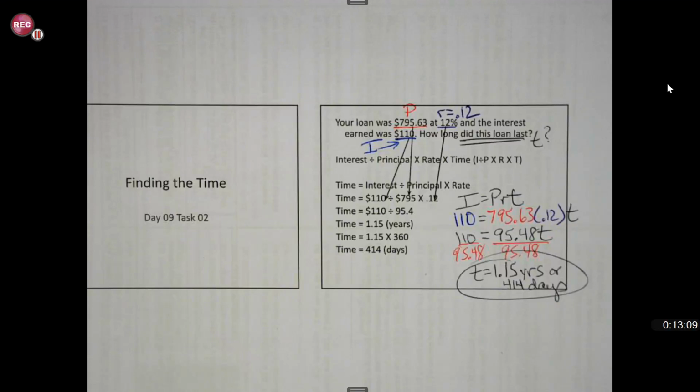And so when you divide, you get like 1.15, which would be the number of years. So I can get decimal years, and if you wanted to turn it into days because it was so short, you can multiply by 360.